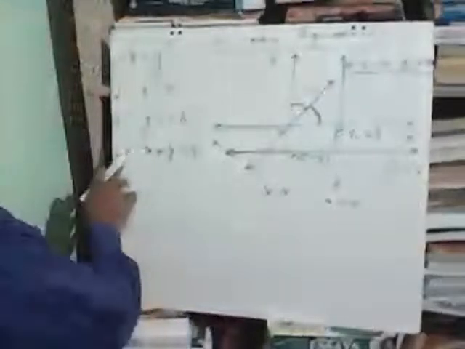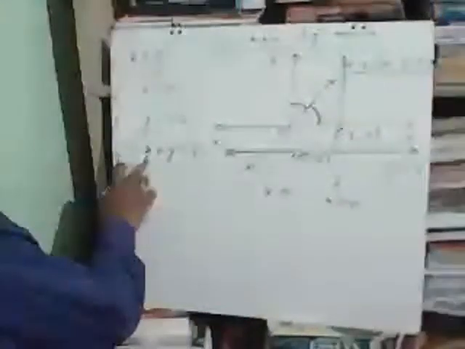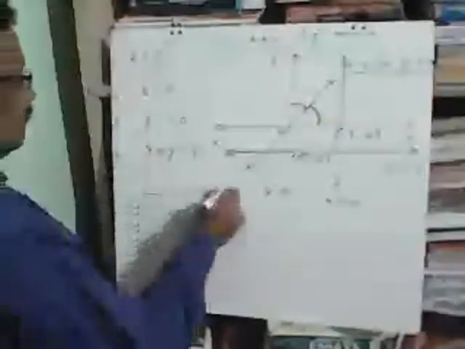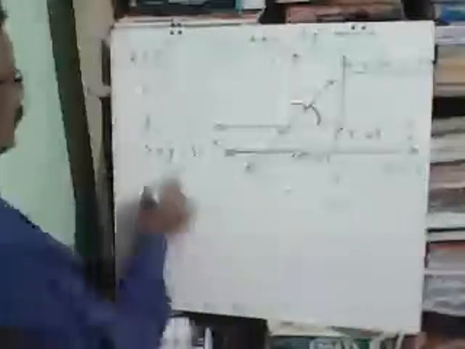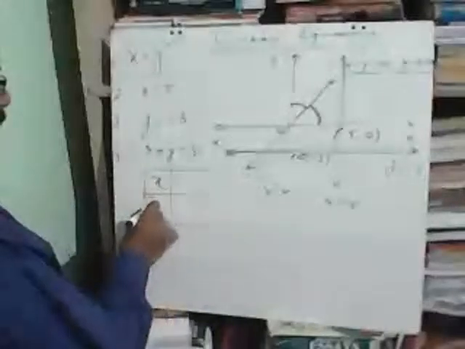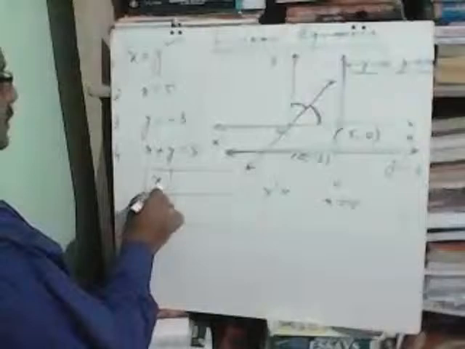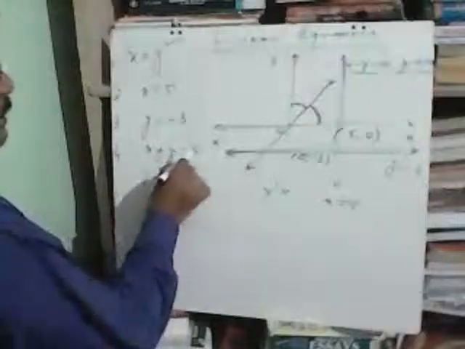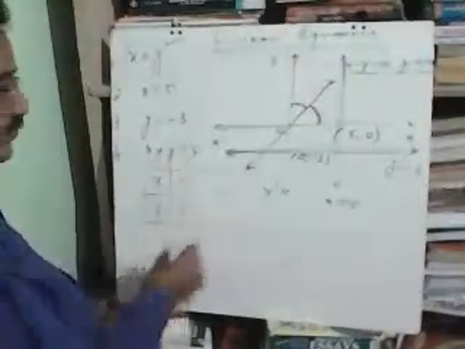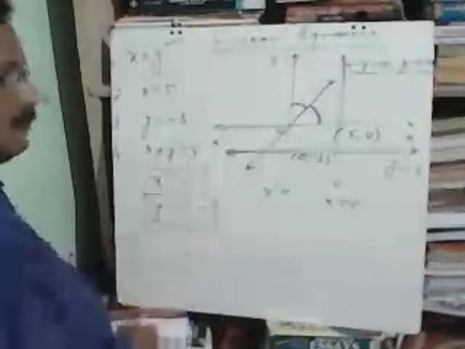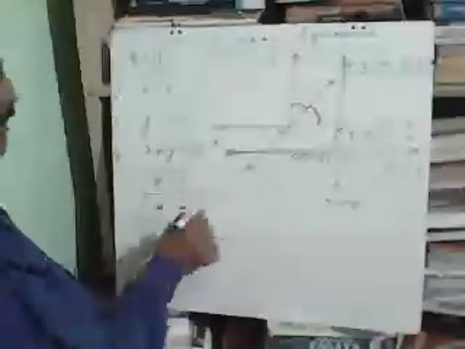Then the fourth one, x plus y equal to 5. Normally you use a table, make the table of x, y. If x is 0, y will be 5. If y is 0, then x will be 5. Now the two points are (0, 5) and (5, 0).